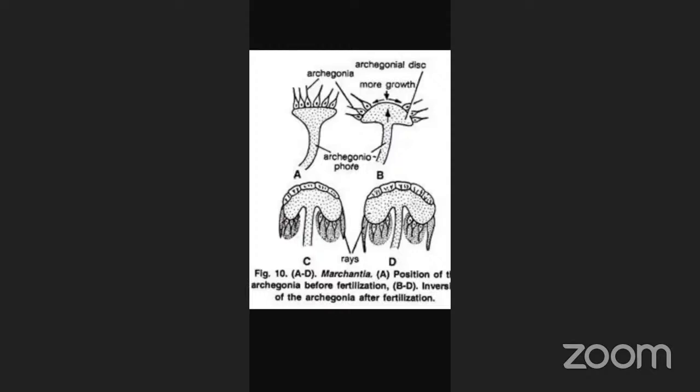The flask-shaped archegonium has a long neck and a broad venter. The tip of the neck is covered with cover cells, and the neck is filled with eight neck canal cells. The swollen base is the venter with the ventral canal cell and the egg.